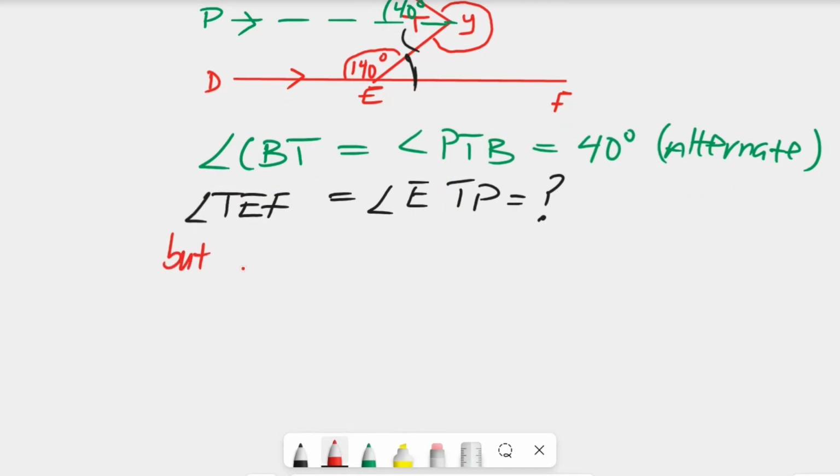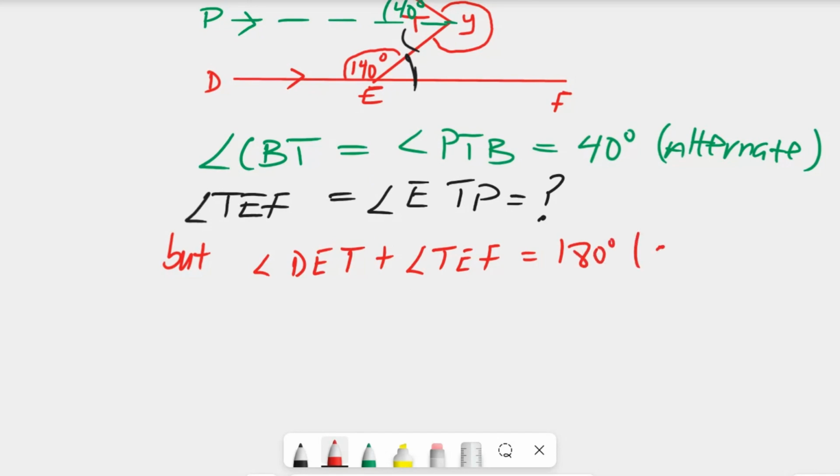So angle DET, this particular angle, plus this angle, that is angle TEF, they're equal to 180 degrees.